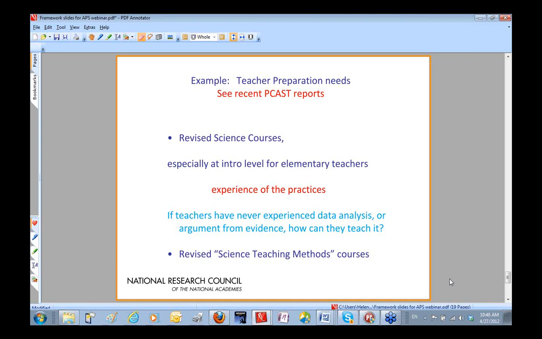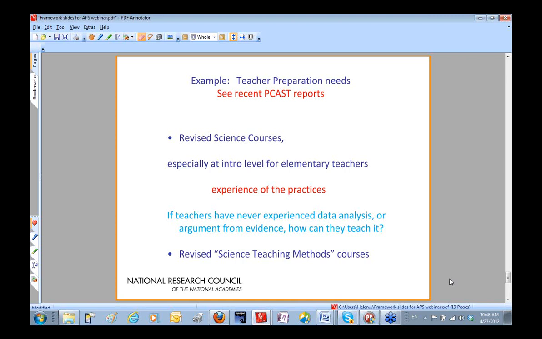And then, of course, if you're taking education courses on science teaching methods, are those courses aligned to this vision of what it means to teach science? Well, as systems try to align their practices to this vision of teaching science, it would help if the teachers coming into their system have their science methods courses aligned to that vision.